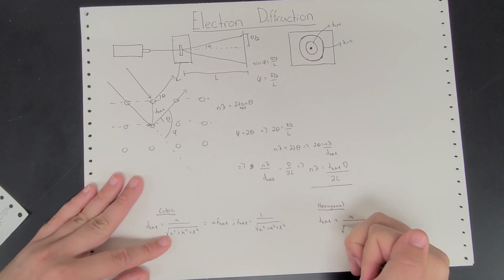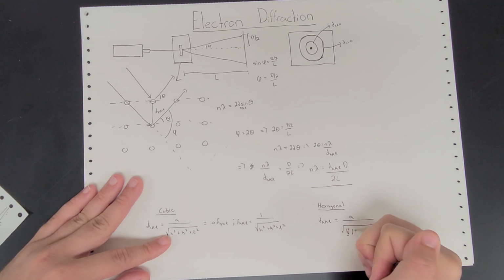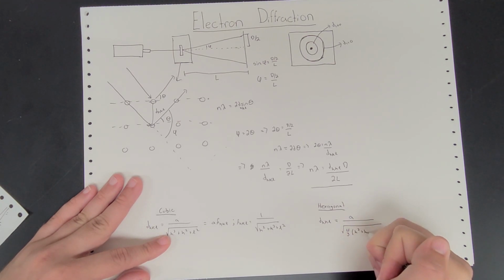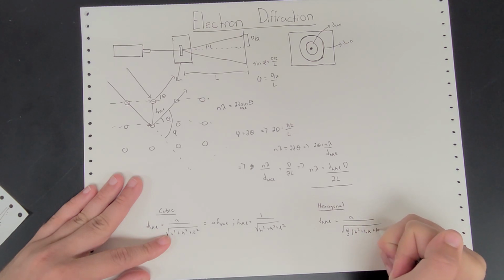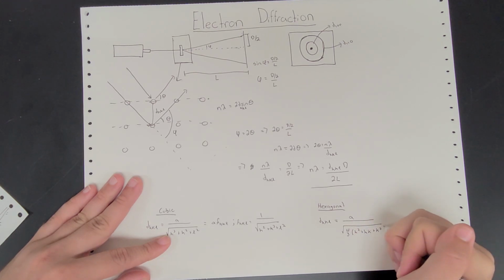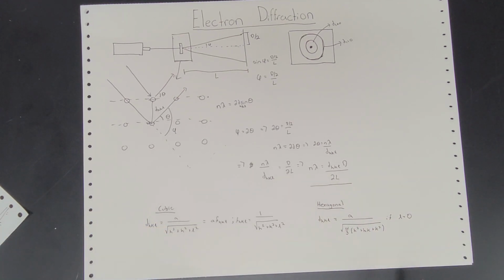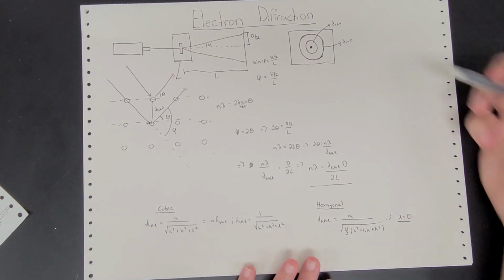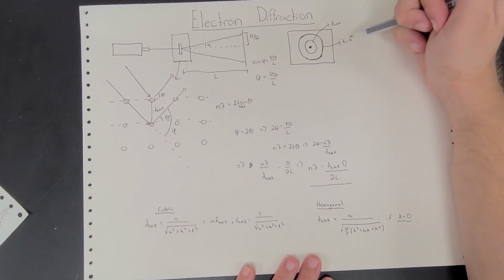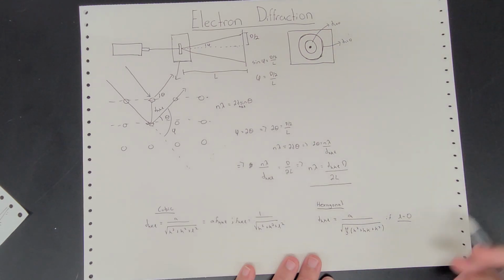a over the square root of 4/3 times (h squared plus hk plus k squared) if L is equal to 0. Because we're looking at planes where L is always 0, if L is equal to 0, we can write our dhkl in this form for hexagonal.